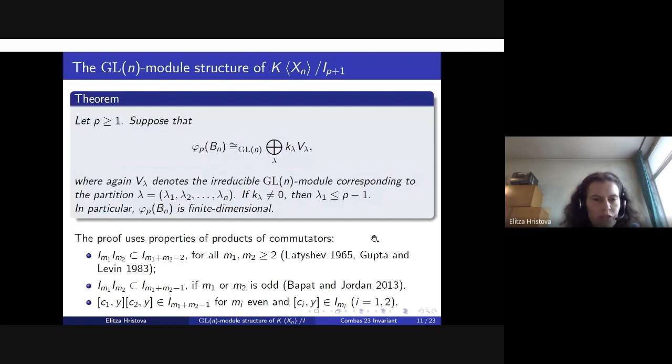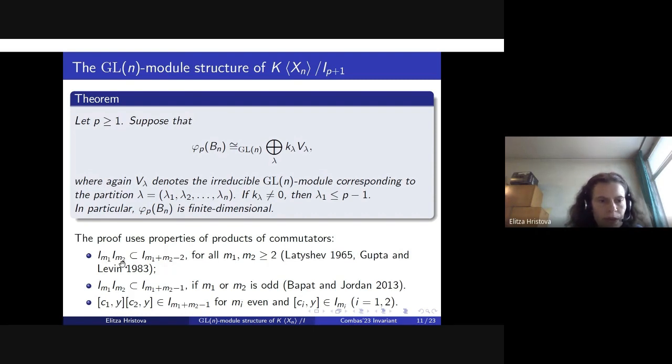Let me just mention that one key ingredient in the proof is to use properties of products of commutators. And these are very classical theorems: when we take the product of two commutator ideals, we land in another commutator ideal. And this is the connection.